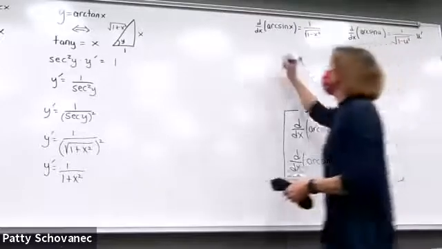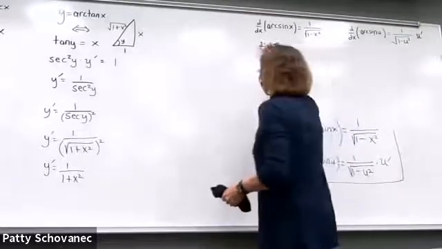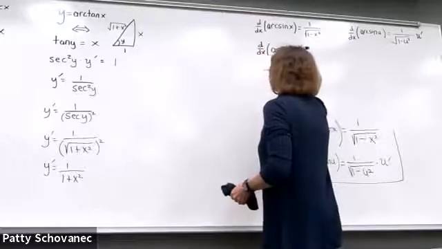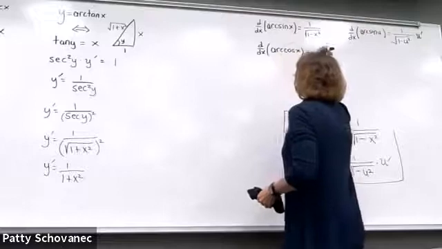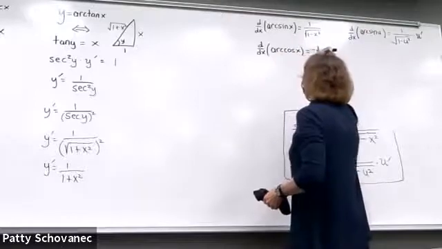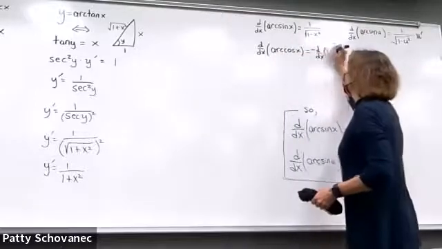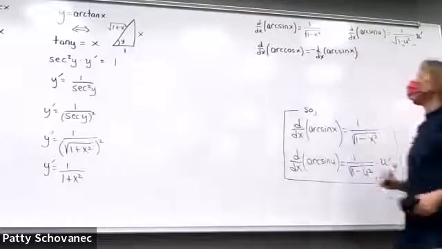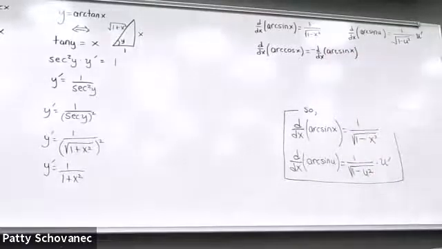The second thing that we did was show that the derivative with respect to x of the arc cosine of x is just minus the derivative with respect to x of the arc sine. So that's my way of saying I'm not going to memorize that one.